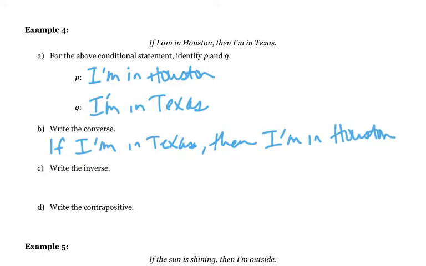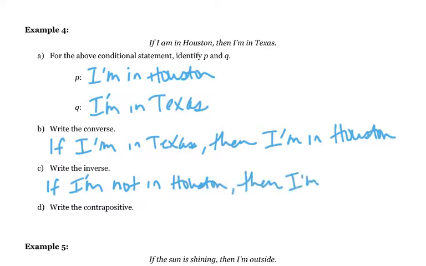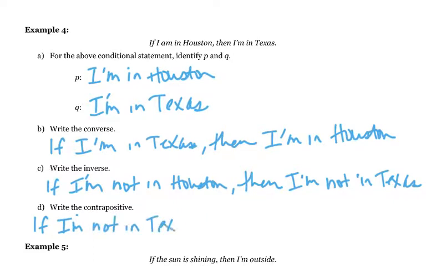The inverse would be, if I'm not in Houston, then I'm not in Texas. And the last one would be the negating and flipping. If I'm not in Texas, then I'm not in Houston.